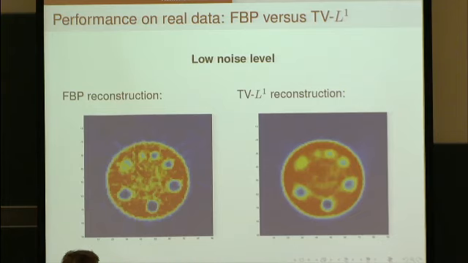So the phantom was measured several times independently, and low noise level means that we took more of these samples together. And the higher noise level gets, the less of these samples we took. So that's the main idea.